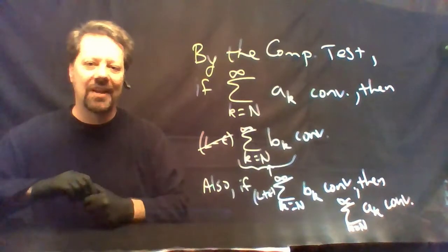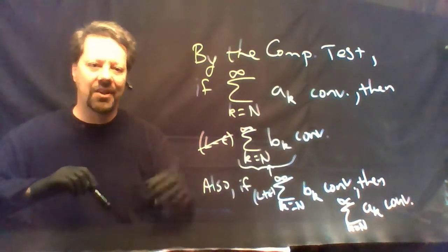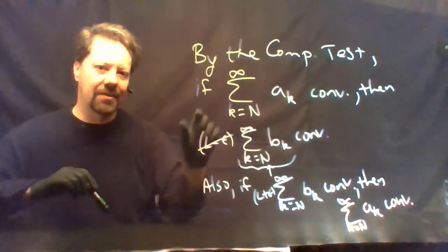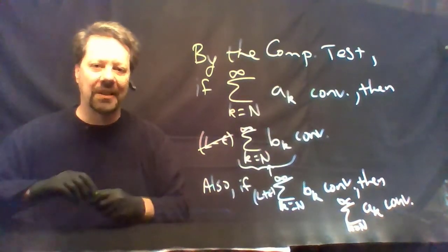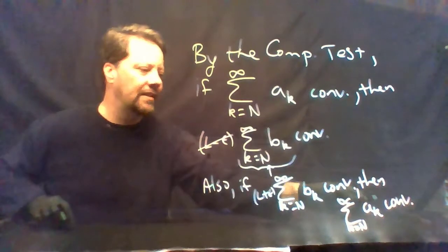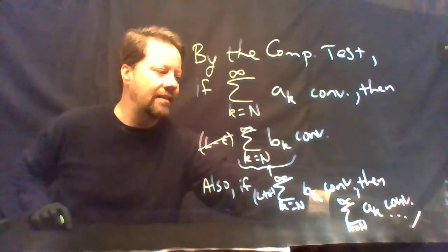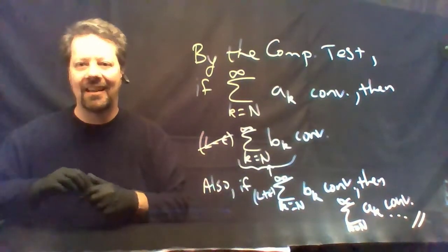We can also use that triple inequality to show that if the smaller series diverges, then the larger series also diverges, and that will complete the proof. So I'll just write dot, dot, dot, and then double hash mark, and the proof is over.